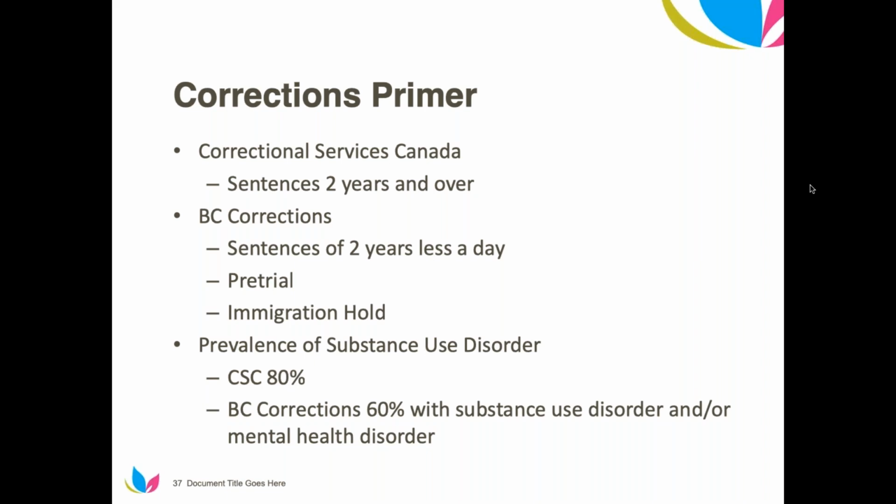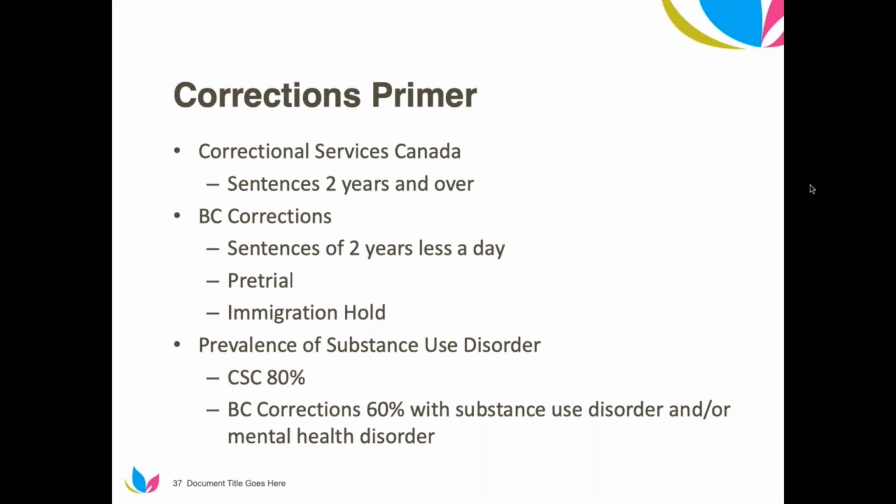And when it comes to the prevalence of substance use disorder, the federal corrections data shows that 80% of incarcerated persons have a history of substance use disorder, but the BC corrections data, which is a little bit older, and we should have new data coming up soon, showed that 60% of the population has a substance use disorder and or mental health disorder.